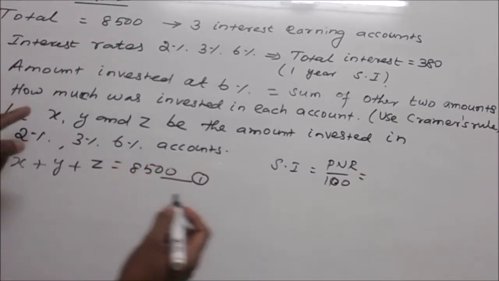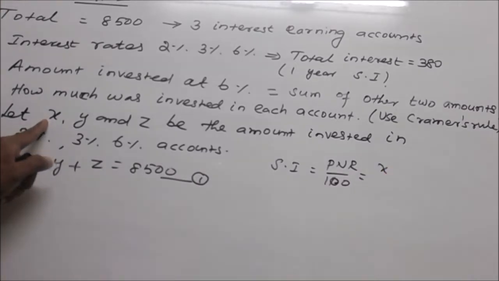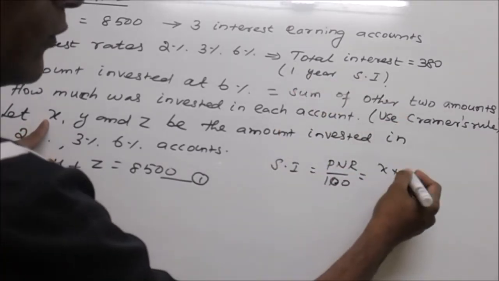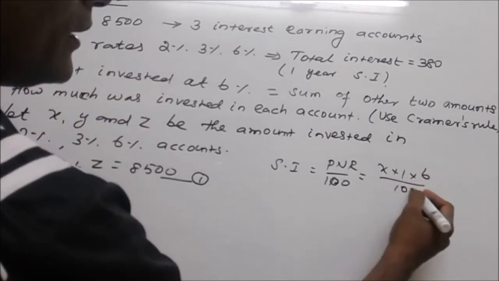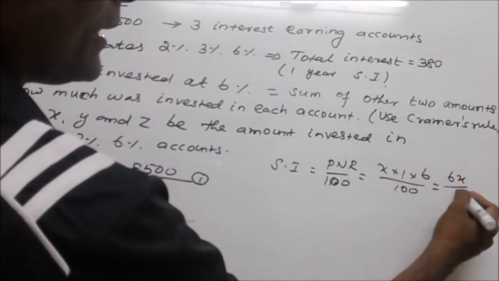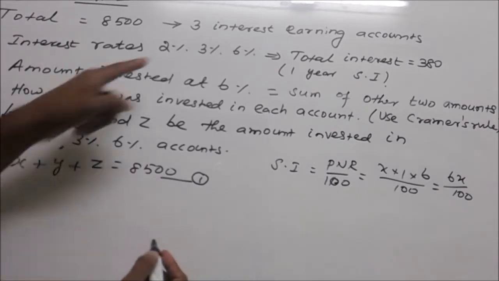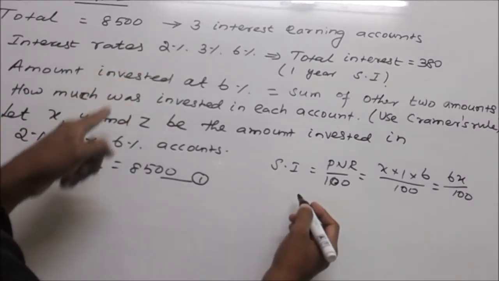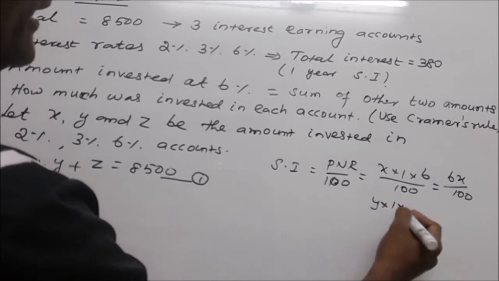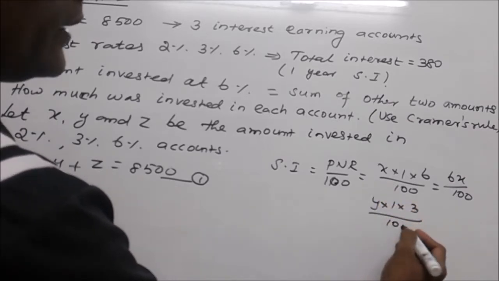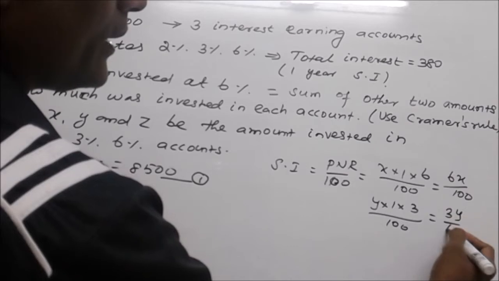Principal value for the first case is x. Number of years is 1. Into rate of interest, 6 divided by 100, which is equal to 6x by 100. Similarly, for the second case, for y, it is y into 1 into 3 by 100, equal to 3y by 100.